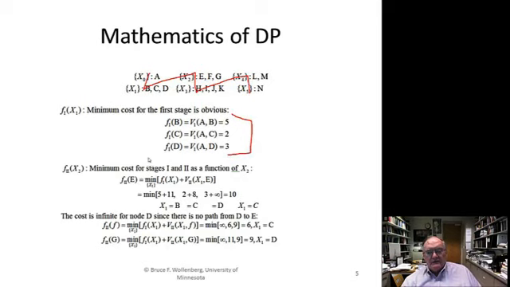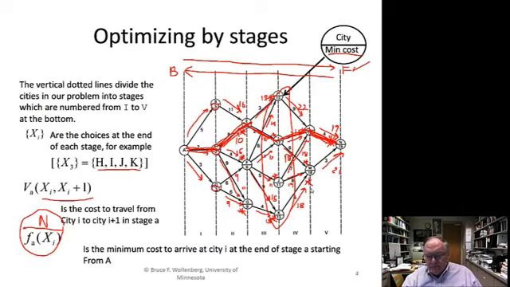The minimum cost for stages 1 and 2 is a function of x2, and these are the same. This says that for example, at x1, if I'm going to E, it's 5 plus 11, 2 plus 8, or 3 plus. That's interesting. I'm sorry.